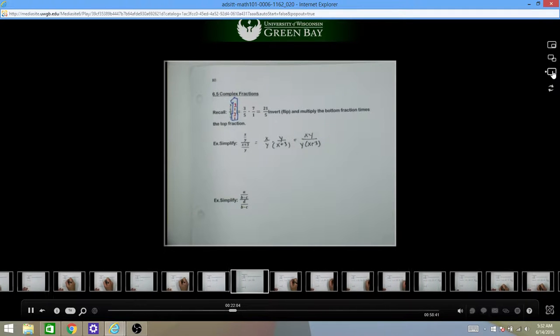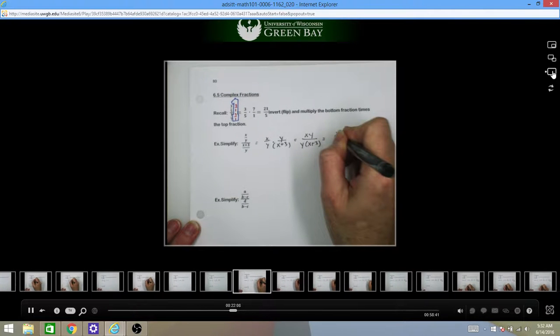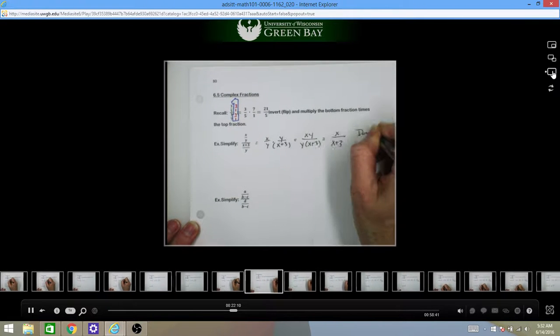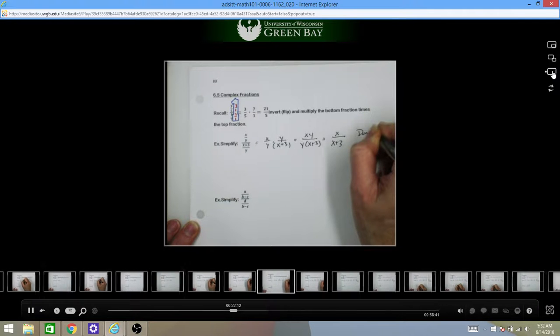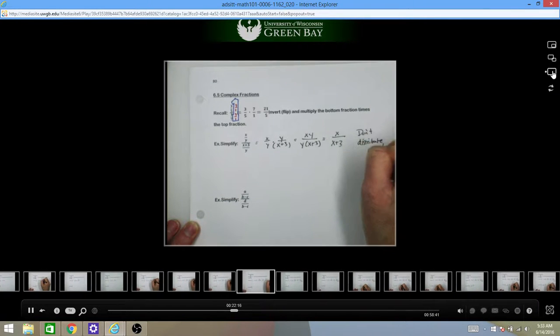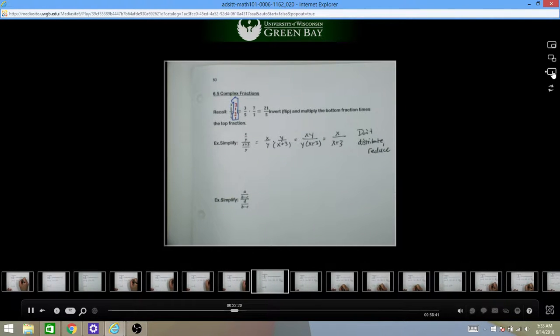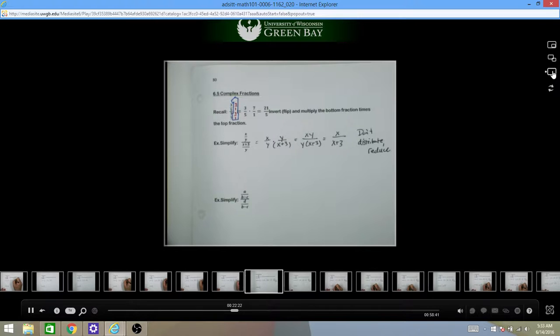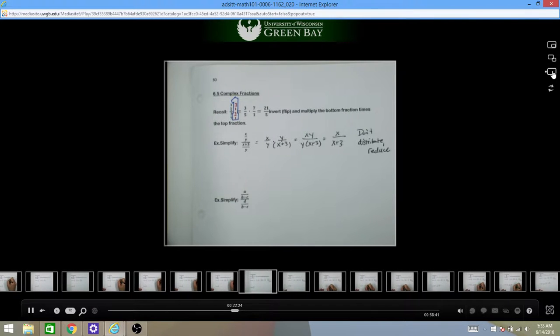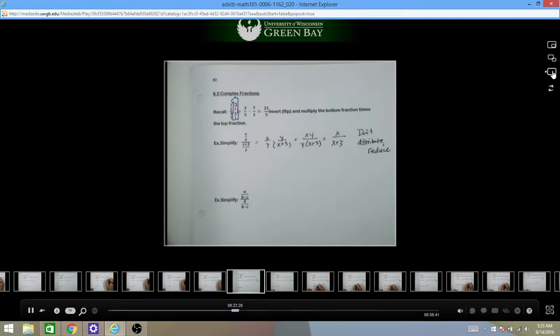Don't actually distribute, instead reduce. Now when we're adding, we distribute it in the numerators, okay? Because you're adding the numerators up, and you can't do that till you distribute. But when you're multiplying, don't distribute, because we're always hoping for some reducing going on.